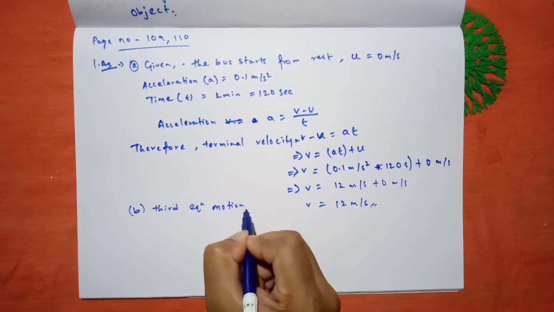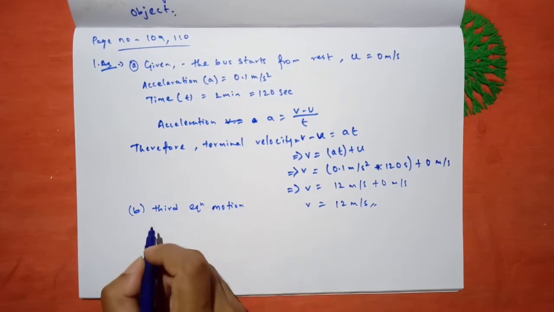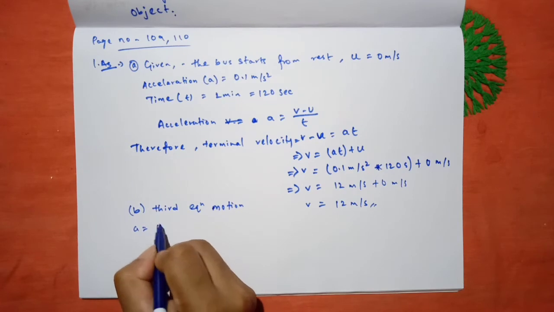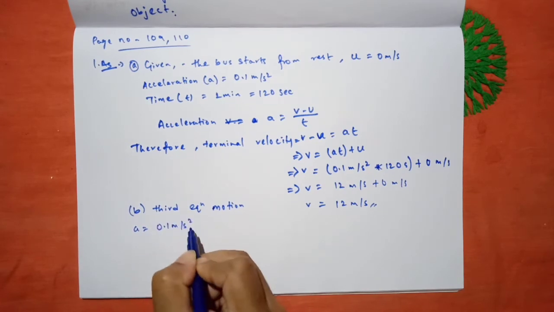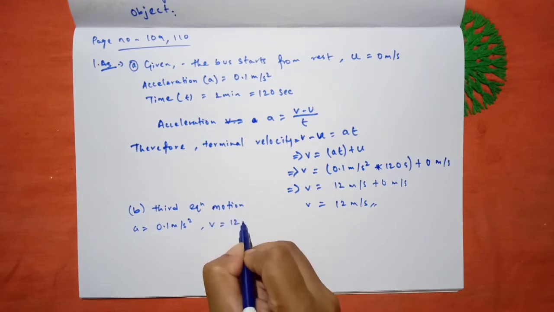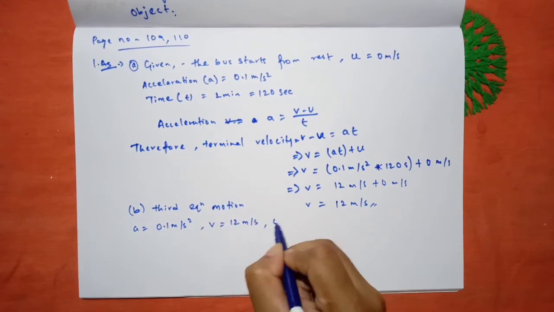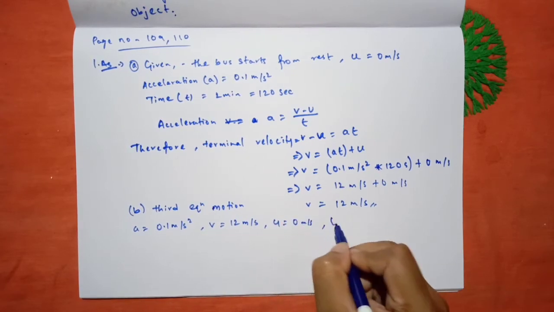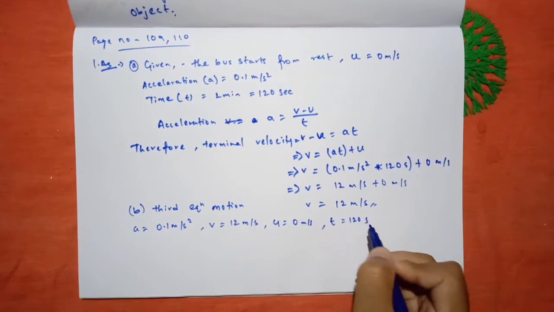Here acceleration is 0.1 meter per second square, final velocity or terminal velocity is 12 meter per second, initial velocity is 0 meter per second, and time given is 120 seconds.